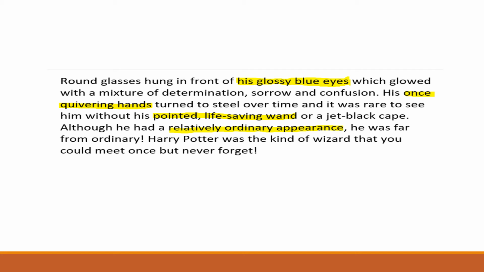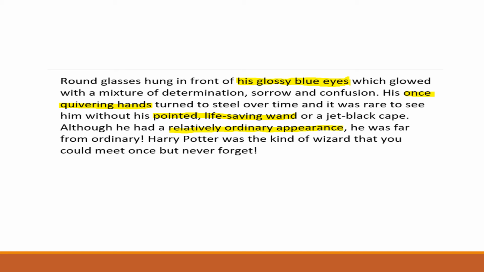Now I've highlighted some phrases here, specifically some expanded noun phrases, as one really effective descriptive technique that we can use, where we use the noun. In this case, the first one, his glossy blue eyes, the eyes being the noun, the person, the place, the thing, the object, and then the adjectives to describe the noun.